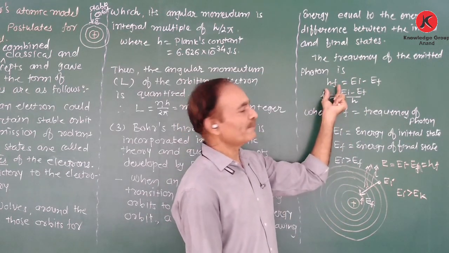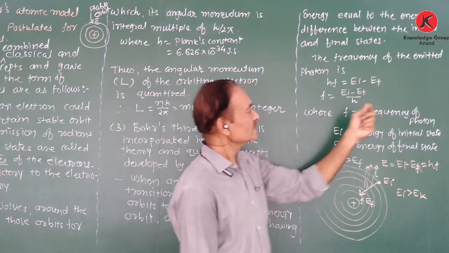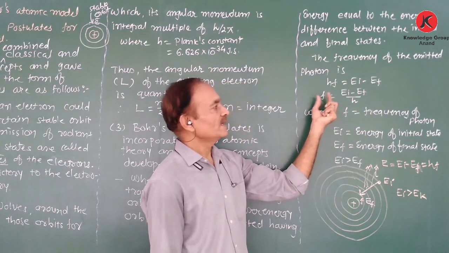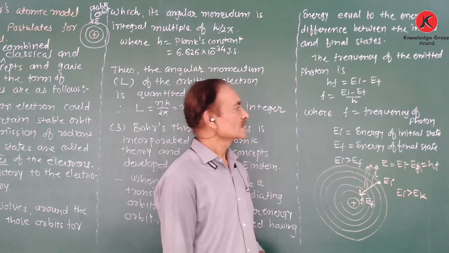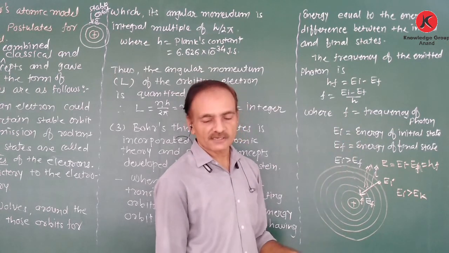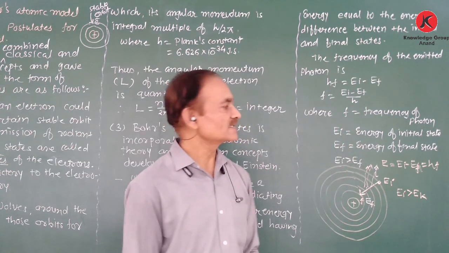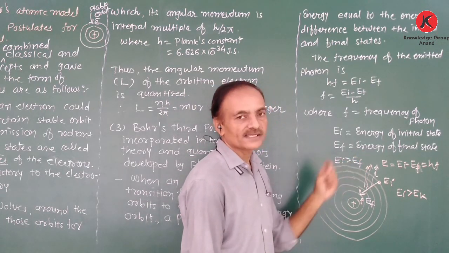Therefore, the energy of the photon hf is equal to Ei minus Ef. Therefore, the frequency of the photon f is equal to (Ei minus Ef) upon h, where f is the frequency of the emitted photon, Ei is the energy of the initial state, and Ef is the energy of the final state. Here Ei is greater than Ef.